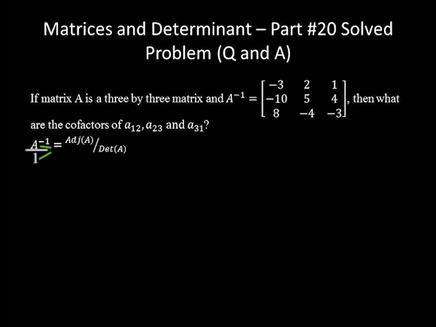If we multiply crisscross, we find that adjoint of A equal to A inverse times determinant of A. Determinant of A is equal to 1 over determinant of A inverse. So this expression can be rewritten as A inverse times 1 over determinant of A inverse.